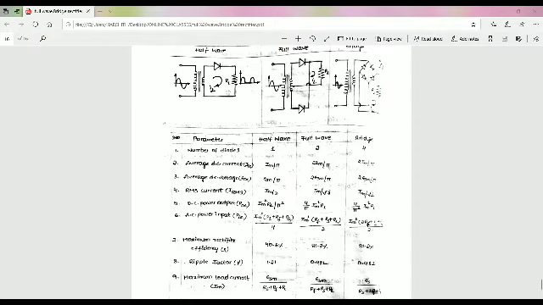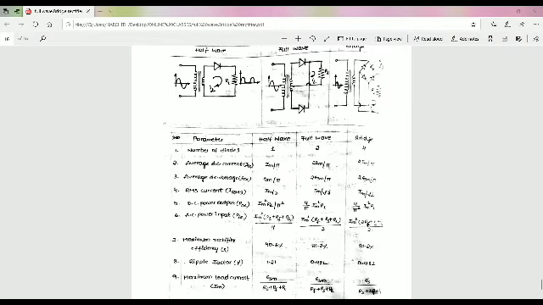Okay, DC power output PDC. In the half wave rectifier I square M RL by pi square, full wave rectifier 4 by pi square I square M RL, in the bridge rectifier 4 by pi square I square M into RL. Sixth parameter, AC power input, PAC.